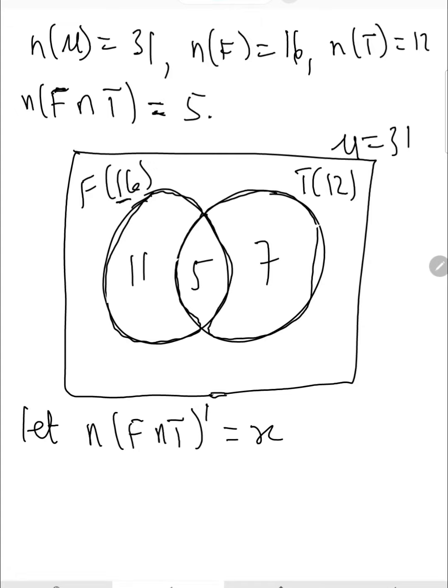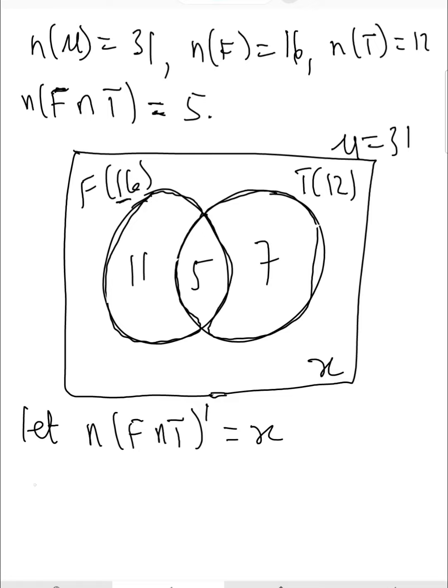If they are not playing any of the games, then we bring the complement. So I am writing the X over there, because they cannot be found in any of the games. So we write them outside both circles.